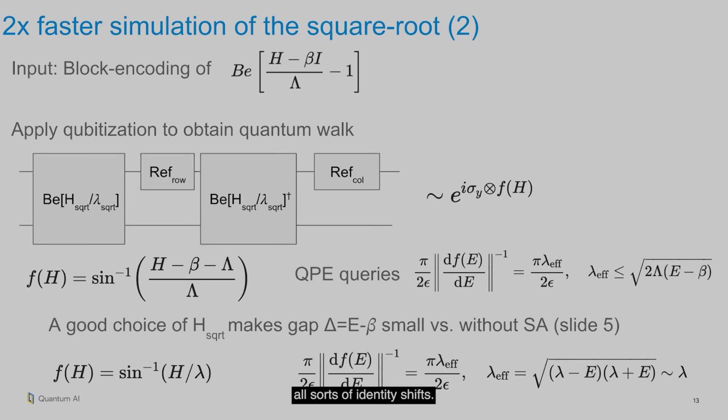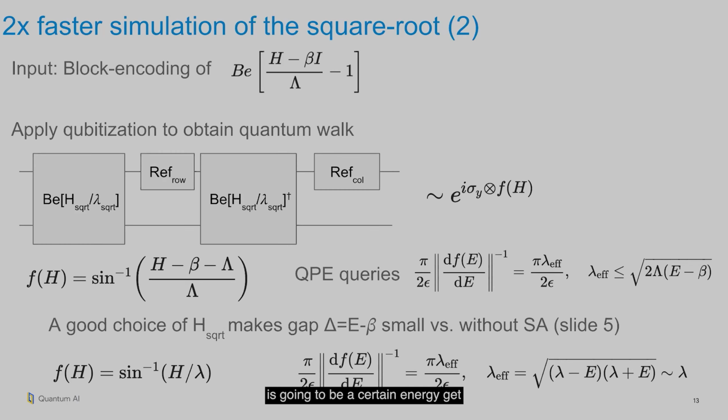But now you have all sorts of identity shifts. If you plug this f of H into this formula, telling you how many queries you need for phase estimation, you'll see that now lambda effective has this square root dependence, that's this 2 multiplied by the block encoding normalization lambda, but now multiplied by this strange looking quantity, the ground state energy minus beta.